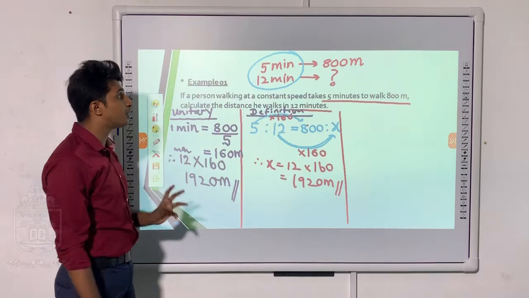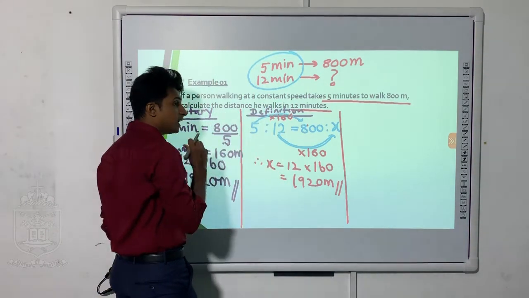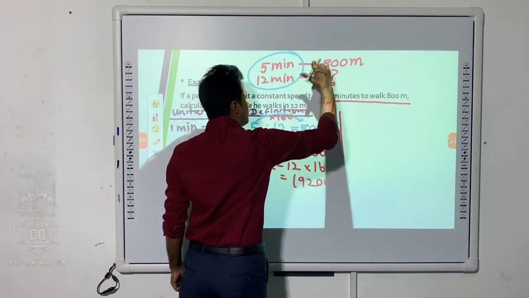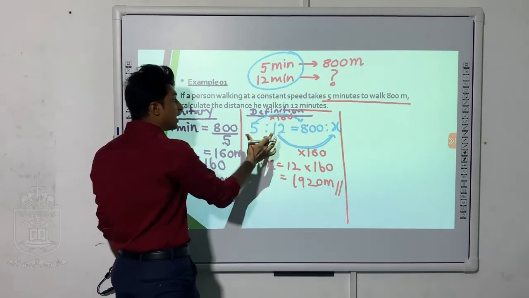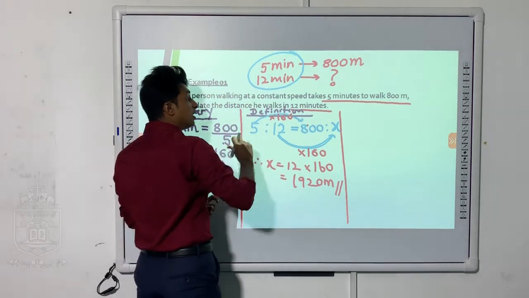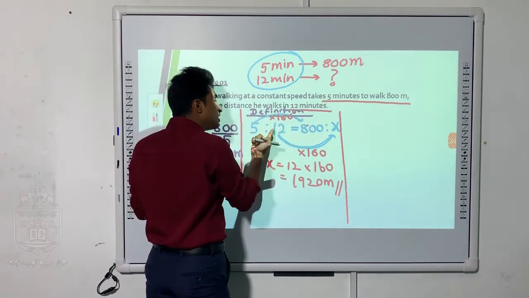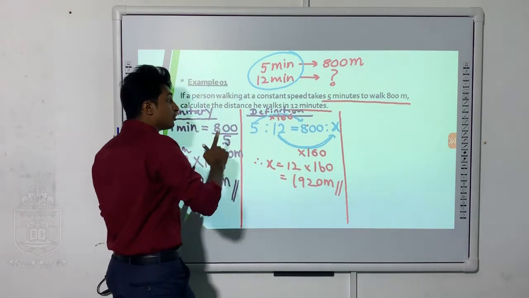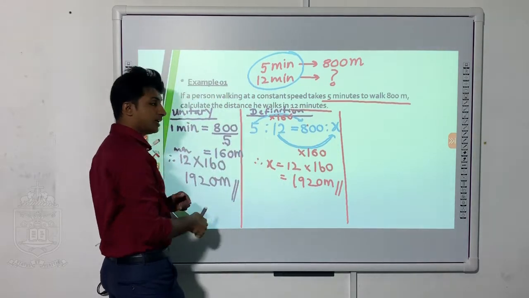Again, I am explaining the definition method or the ratio method. In the definition method, the time side we write as one ratio equals the length side written as another ratio. The times are 5:12, so I wrote it in this order. Then for the distances, you have to see for 5 minutes how much, for 12 minutes how much. For 5 minutes it is 800, for 12 minutes we don't know, so we find that.